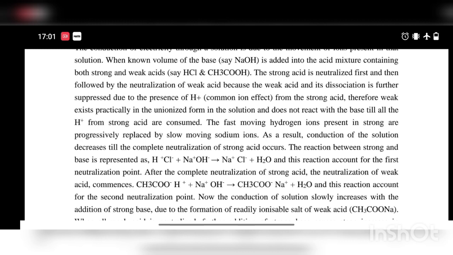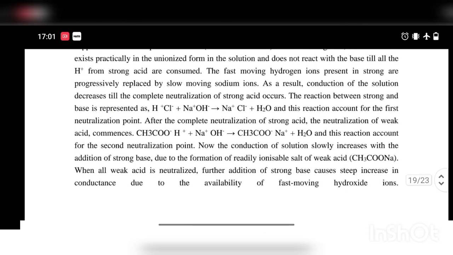Then after the complete neutralization of the strong acid, the neutralization of the weak acid starts. Initially the acetic acid is weakly dissociated, but when it combines with sodium hydroxide, it is converted to a strongly dissociated acetate and Na+. So the conductance starts slowly increasing with the addition of strong base.